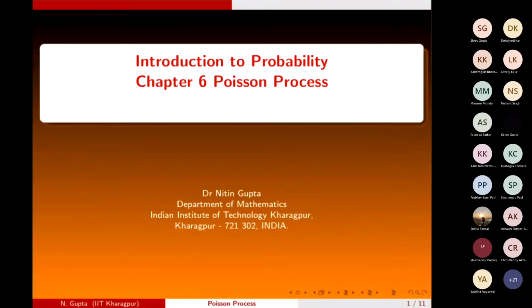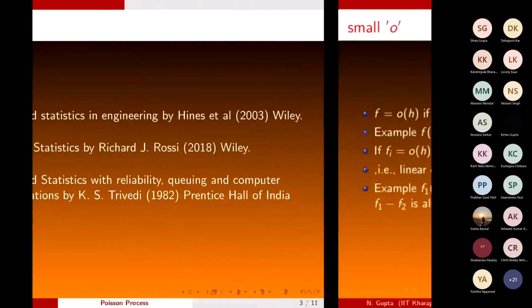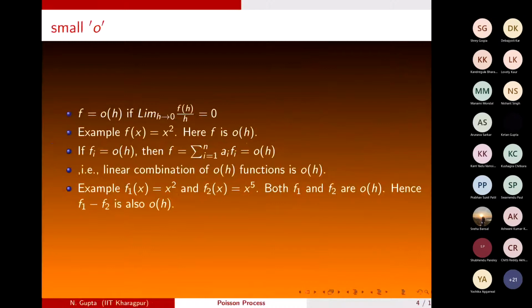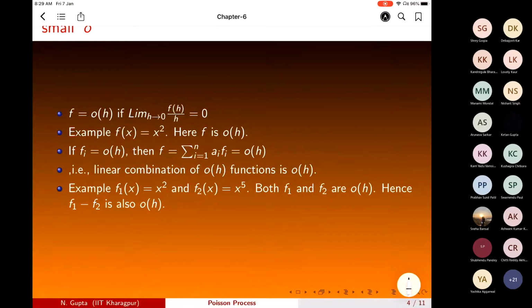So let us start with the Poisson process. First of all, let us see what the small o notation is. f is said to be small o if the limit as h goes to 0 of f(h) upon h is 0.